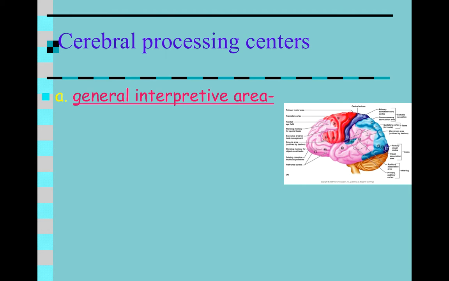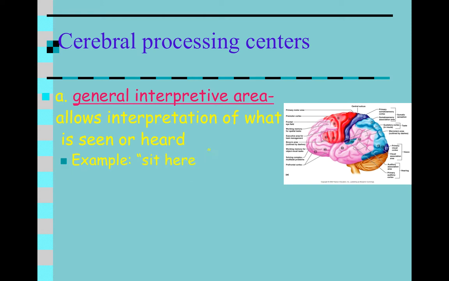So the general interpretive area is going to allow us to interpret what we see, what we hear, all right? And then be able to even follow directions. So if I say the example, sit here. Well, I'm at the other end of a computer and you're not really sure what I mean, sit here?